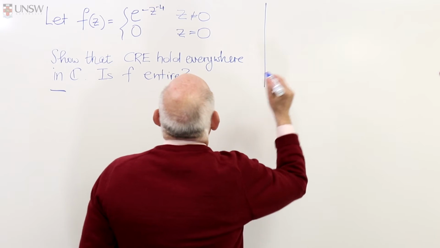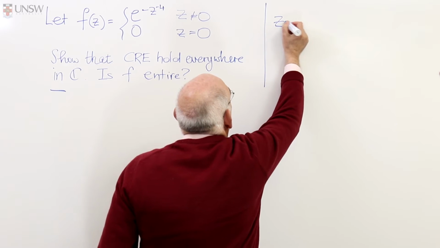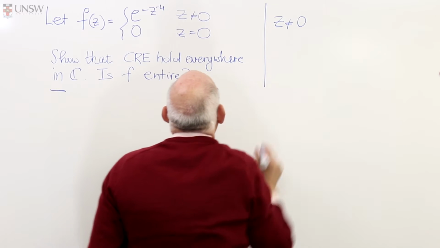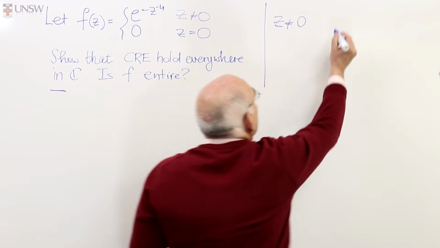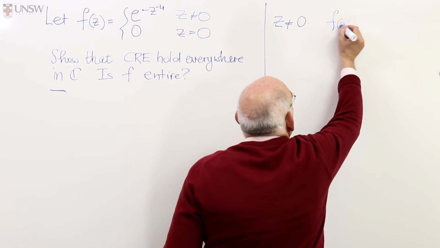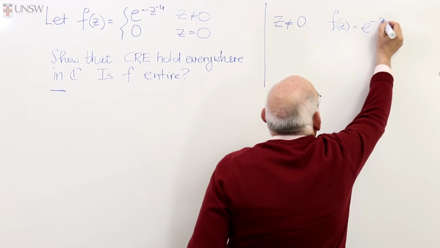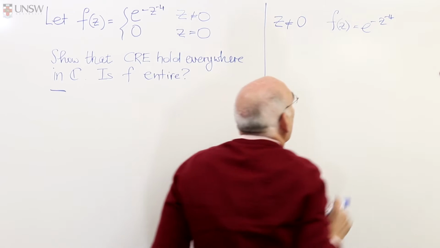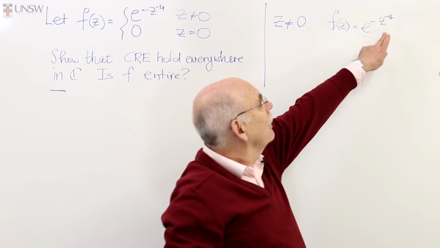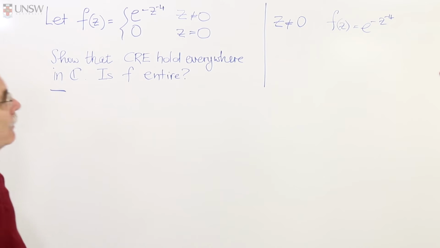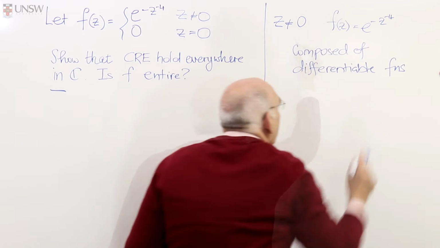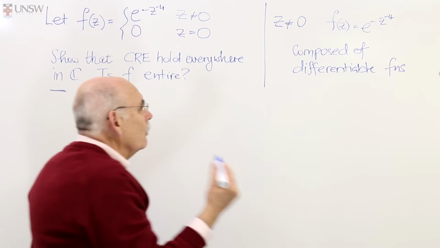If z is not equal to 0, then f of z is just e to the minus z to the minus 4, and this is a composition of differentiable functions, and that means that f itself is differentiable.